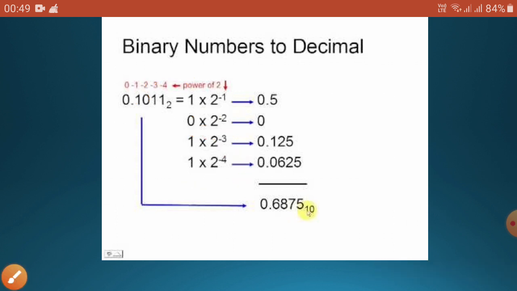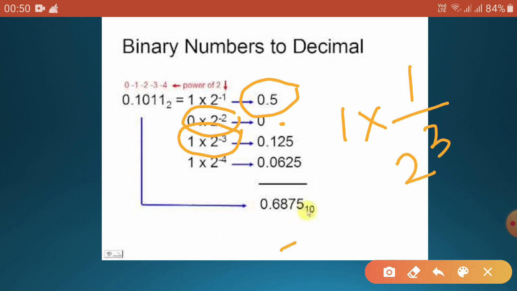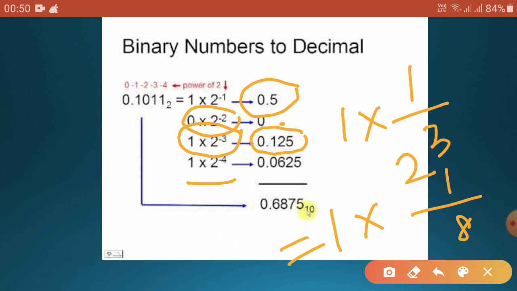So here it gives 0.5, here it is multiplied with 0, so it gives us 0. Then 1 into 2 to the power minus 3, that means 1 into 1 by 8, which gives us 0.125, and 1 into 2 to the power minus 4 gives us 0.0625.